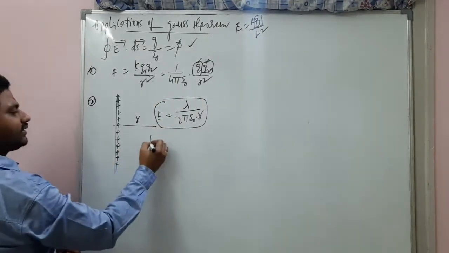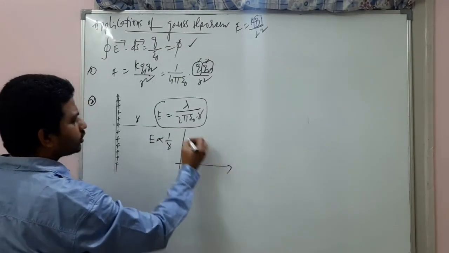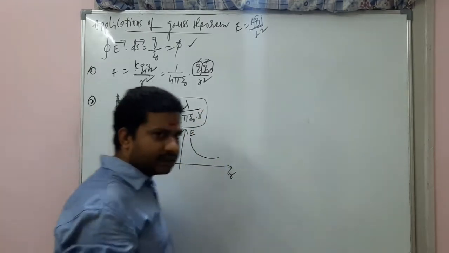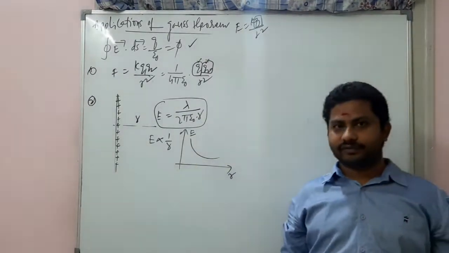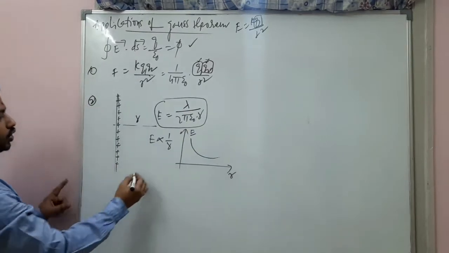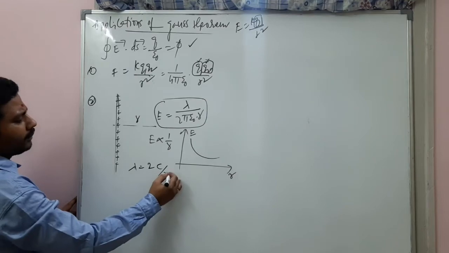From here you can understand E is inversely proportional to r, and the inversely proportional to r graph will be like this. So you can expect a question from the graphs, or you can expect a question like this. For example, lambda value is given as 2 coulomb per meter.